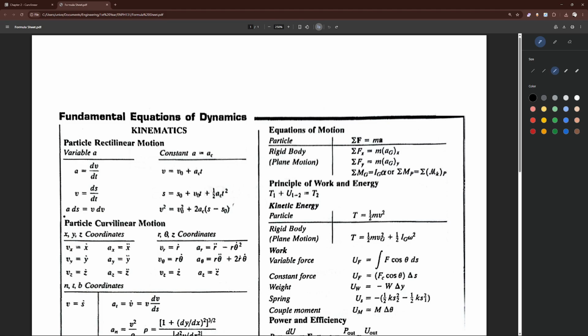You can see right here as well, there's particle curvilinear motion, x, y, z coordinates. These are just the derivatives of everything. You should know this already. I don't think you need the formula sheet for this. You'd need it for this, honestly. You would not be able to ask me to memorize whatever this is.